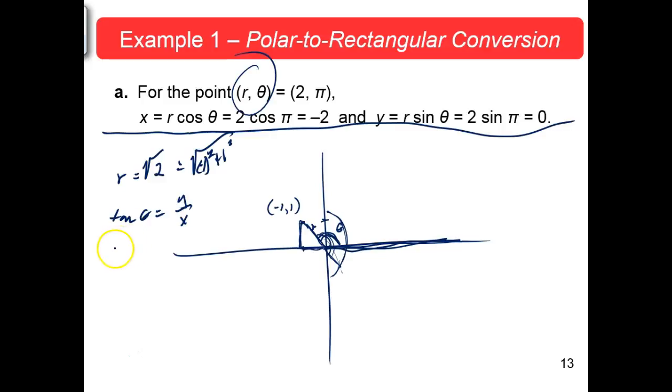So basically theta is equal to the inverse tangent of y over x, which is 1 over negative 1, so the inverse tangent of negative 1.